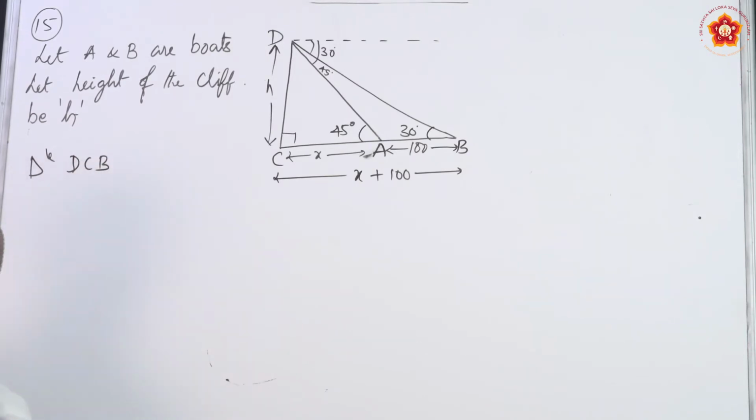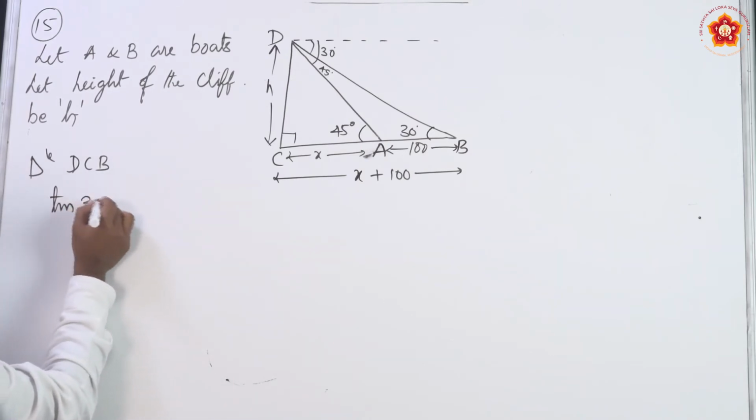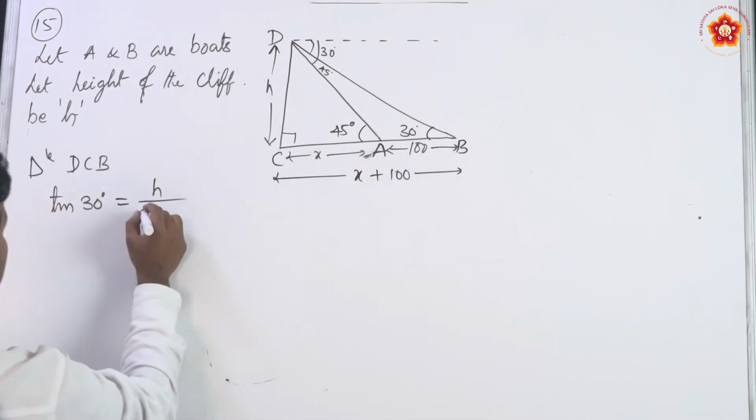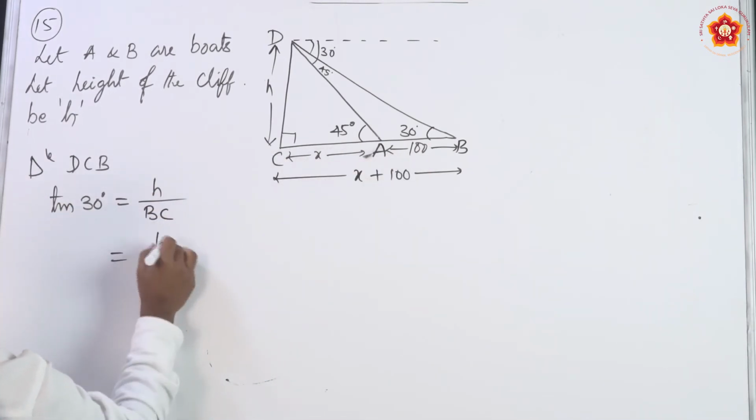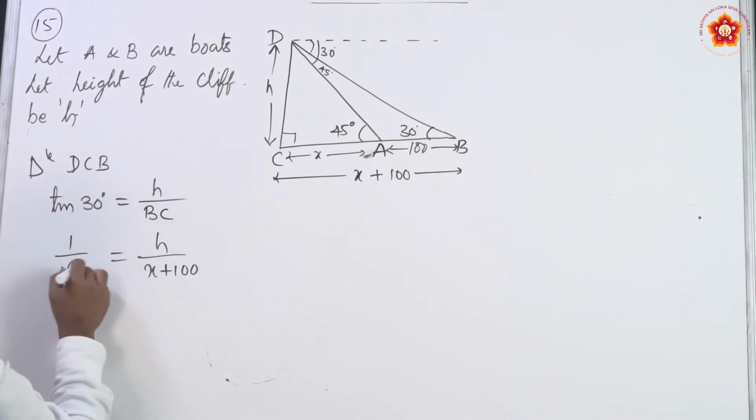DCB, I can define that tan 30 degree is equal to h by the adjacent, that is BC. What is BC? h by x plus 100. So, tan 30 degree is 1 by root 3. We are supposed to find h.